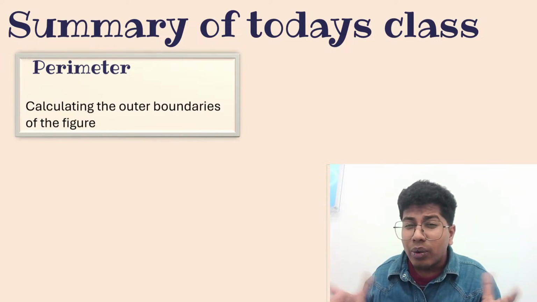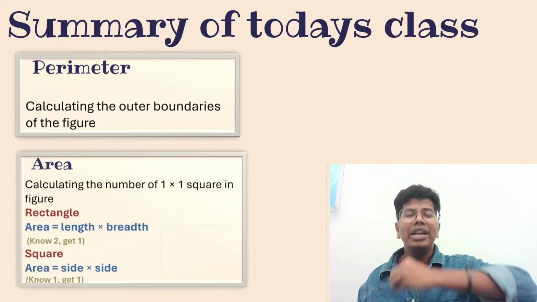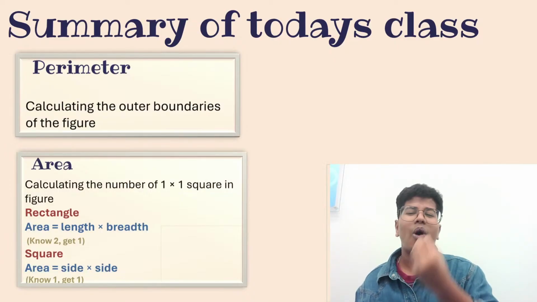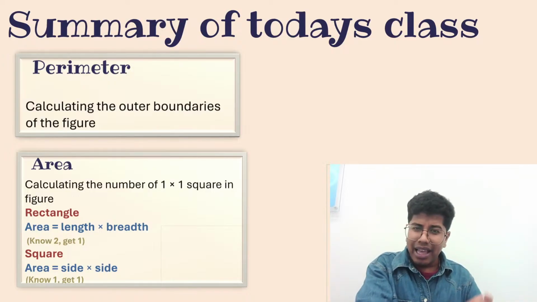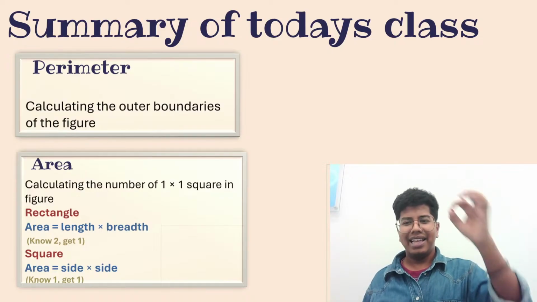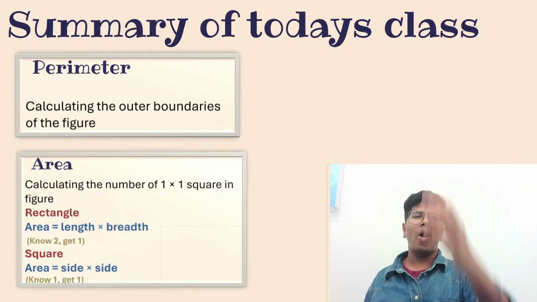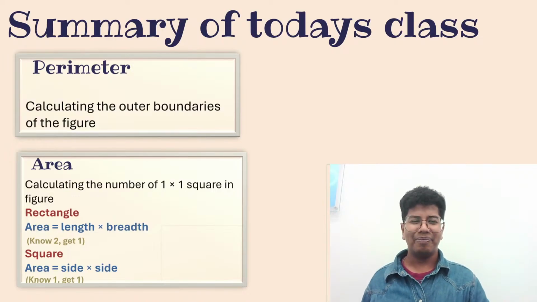Area is nothing but calculating the number of pieces. So calculating the number of 1 times 1 is called area. And for a rectangle, the formula is length times breadth, out of which 3 values, if you know 2, you can get the other. Then comes square. For square, also side times side. If you know any one value, you can find out the other.